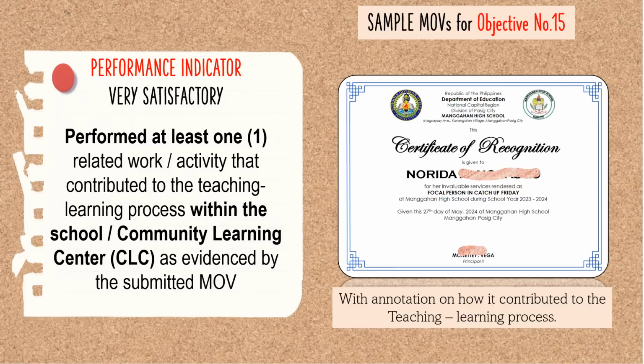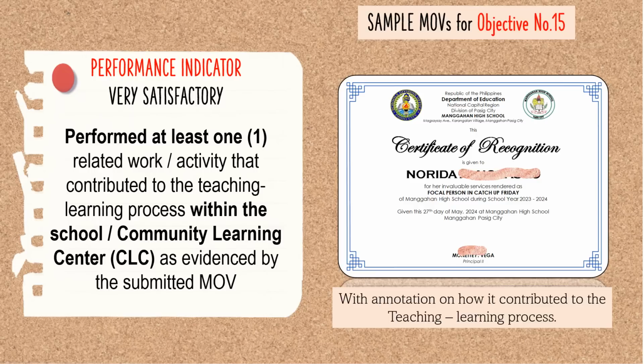For example naman, ikaw ay focal person ng inyong school. For example, nakalagay dyan ng Catch-up Friday. Or ikaw ay resource speaker. Or ikaw ay TWG or Technical Working Group Chairman. Ang magiging rating mo sa iyong rating sheet for quality ay very satisfactory.